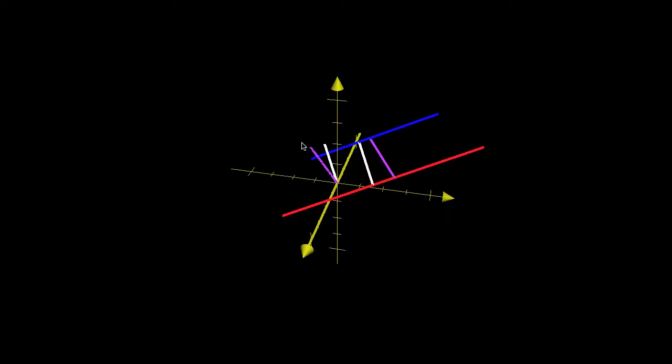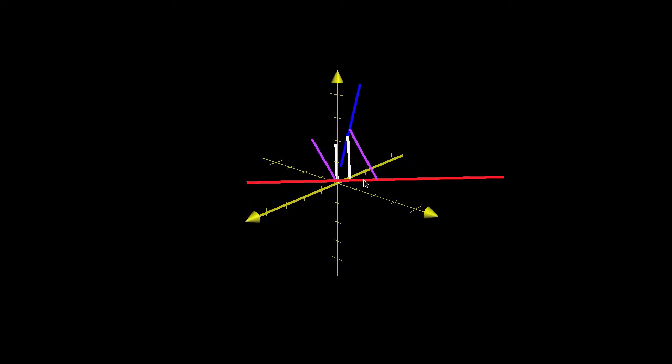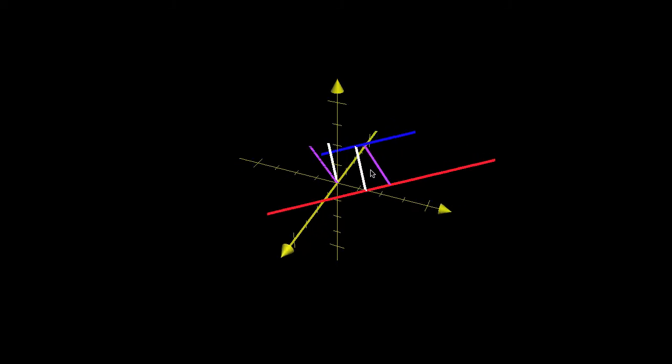So that vector right here is the same as the vector represented by this length in this direction. So I now know what the distance is between the blue line and the red line at their closest approach, and I know what the slopes, the direction cosines are for that line.